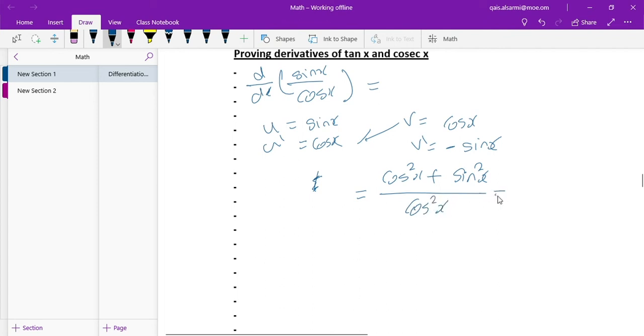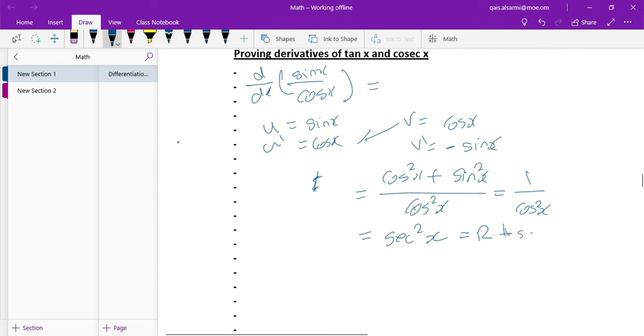Sine squared plus cosine squared is, yes, 1 over cosine squared. What is the reciprocal of cosine? Perfect, it is sec. And here square leads to sec squared. This is the right hand side.